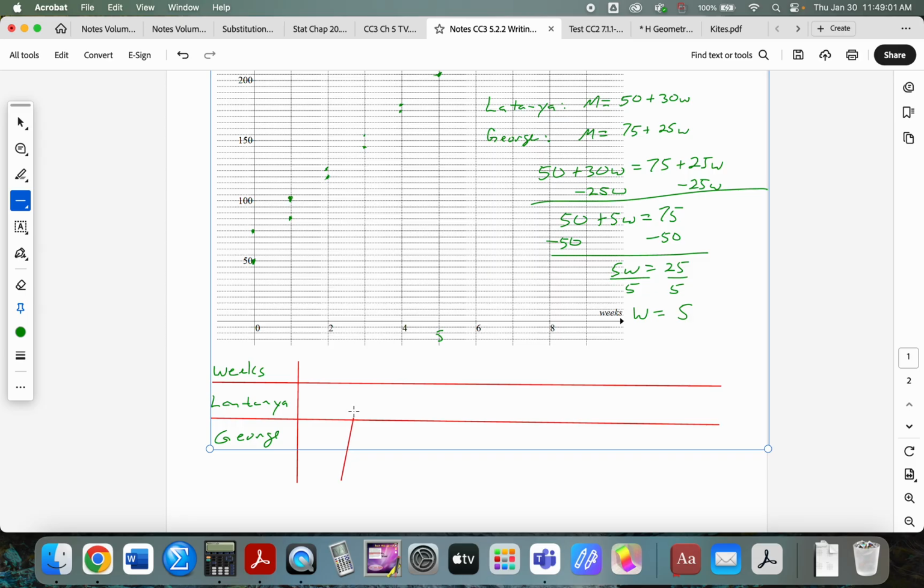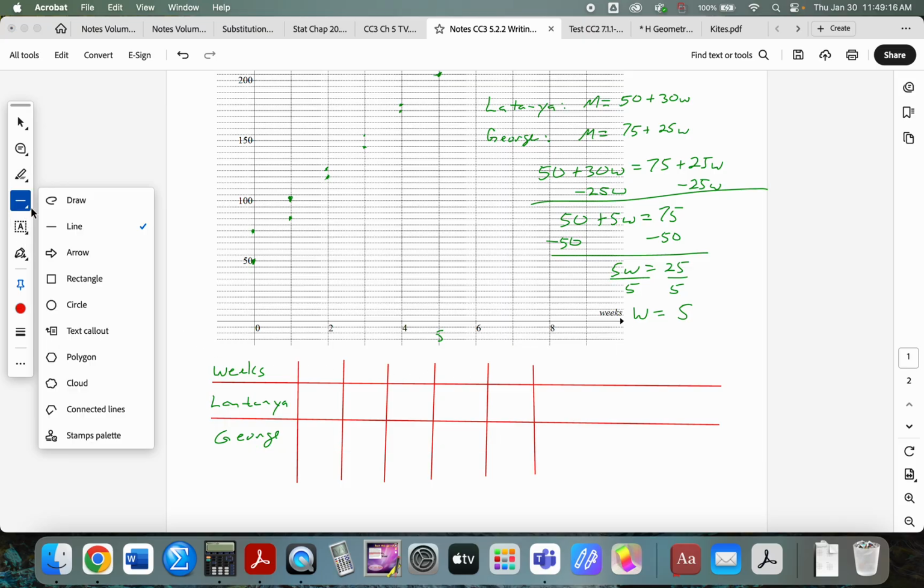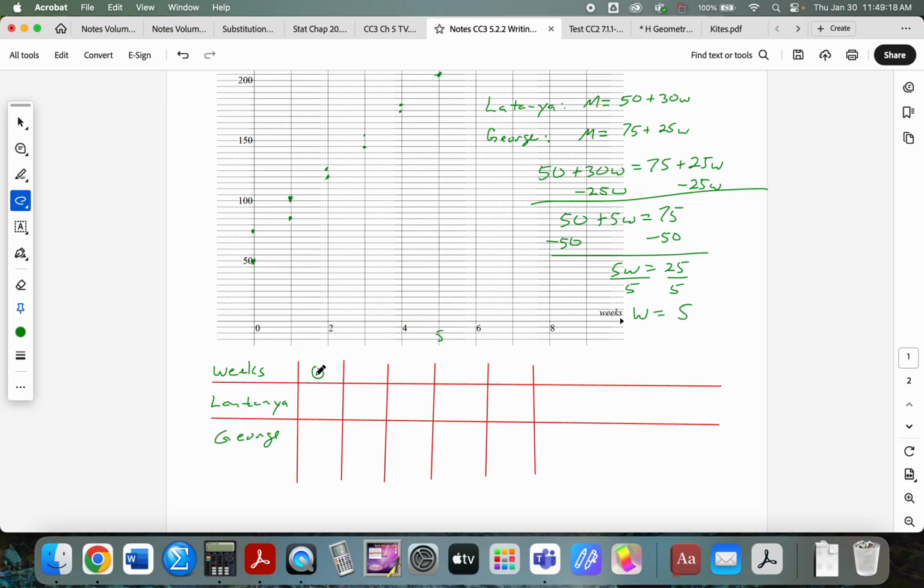I could make a little chart of how much money they have. So at week 0, Latanya had $50 and George had $75.